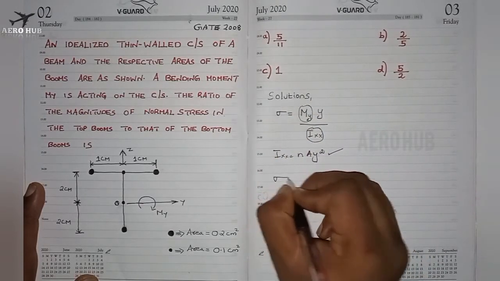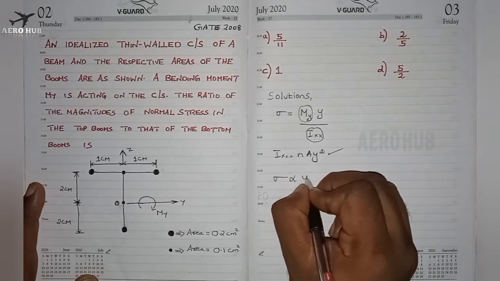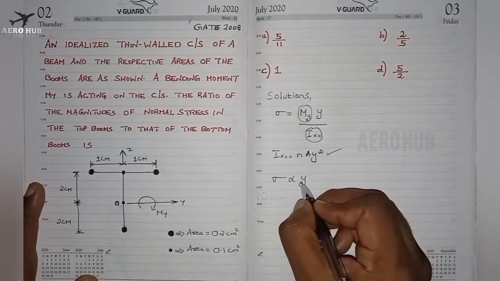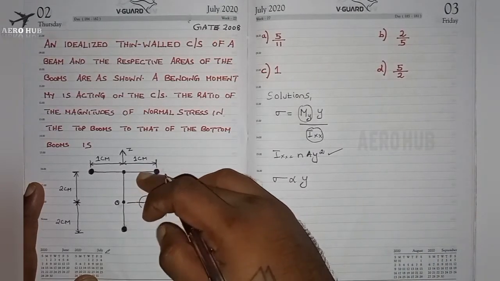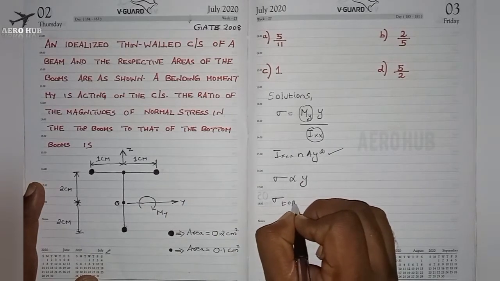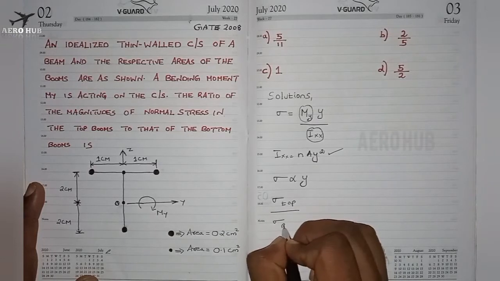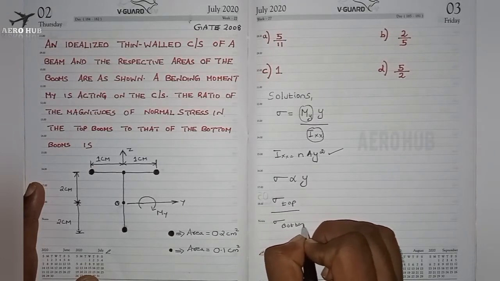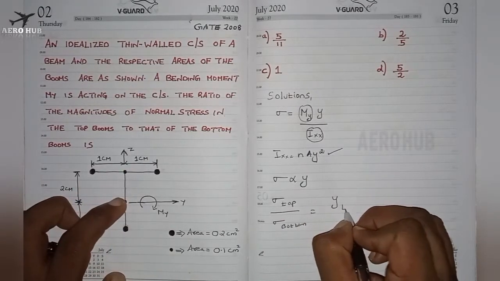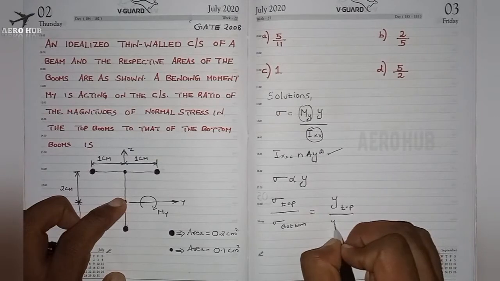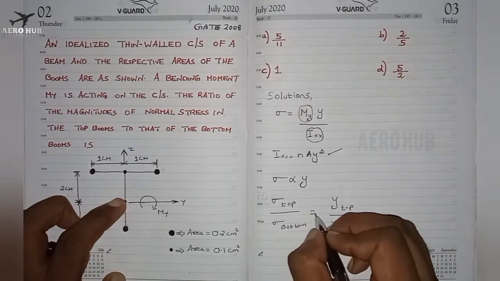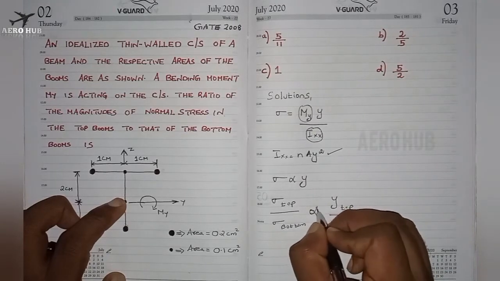So sigma is proportional to the value y, the distance from the neutral axis. So I can write sigma top boom by sigma bottom is proportional to y top by y bottom.